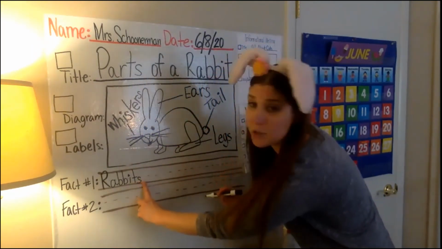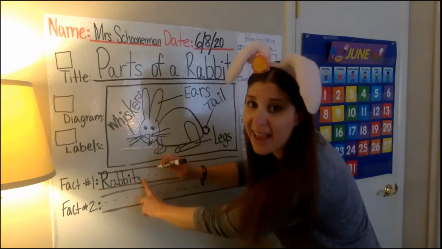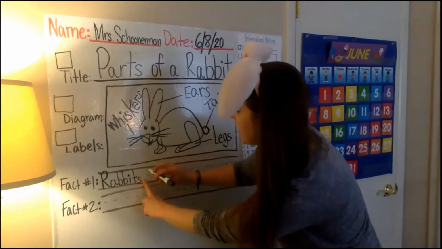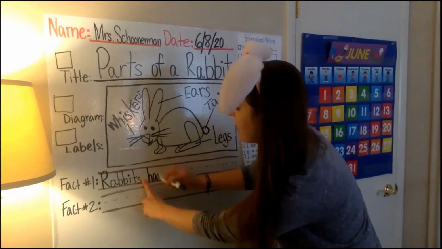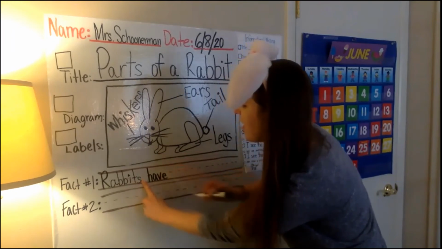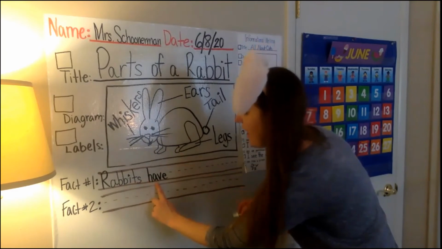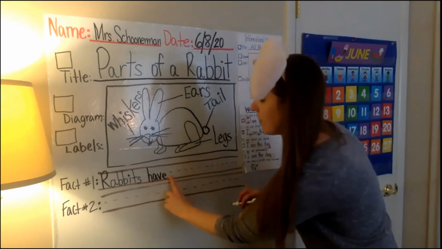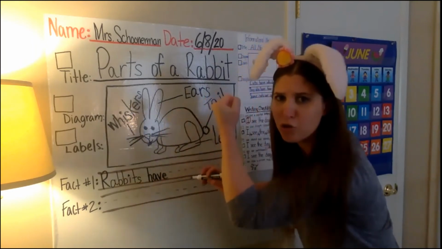Now between our words, we leave a finger space, so leave a finger space. Have. Now that's a sight word, so let's remember. H-A-V-E, have. Rabbits have, leave a finger space, strong, strong.